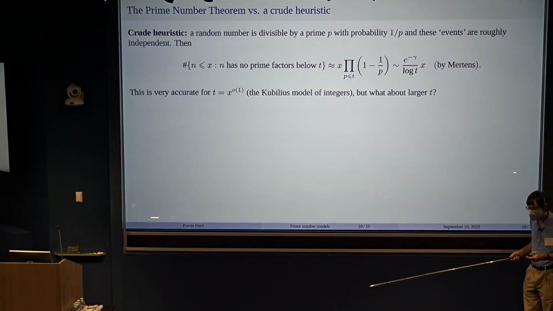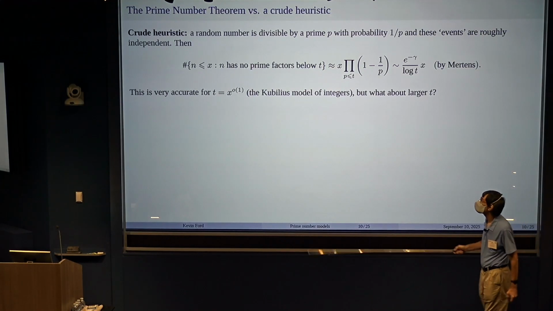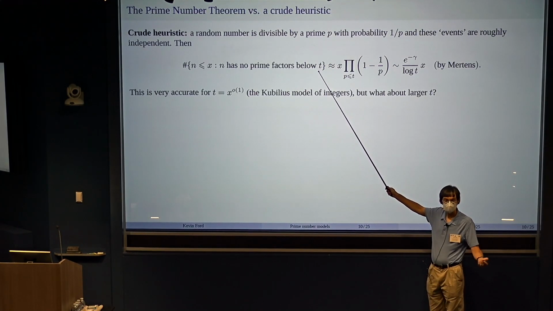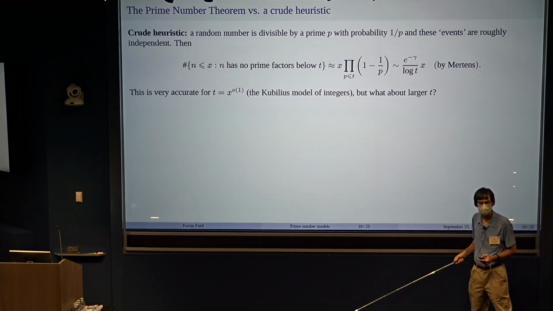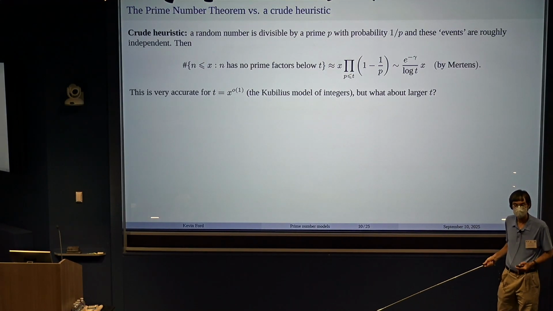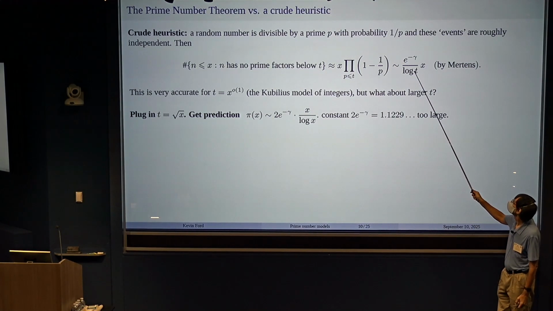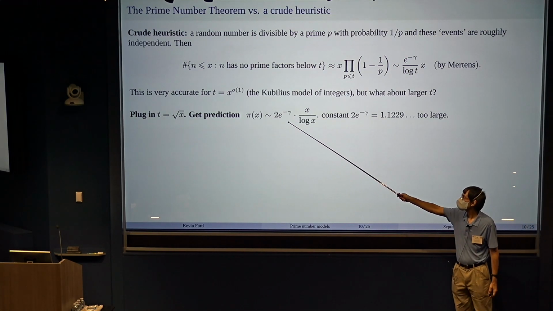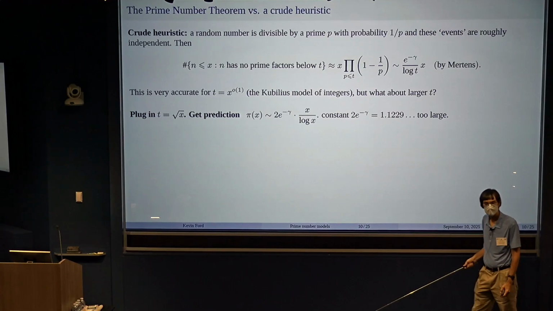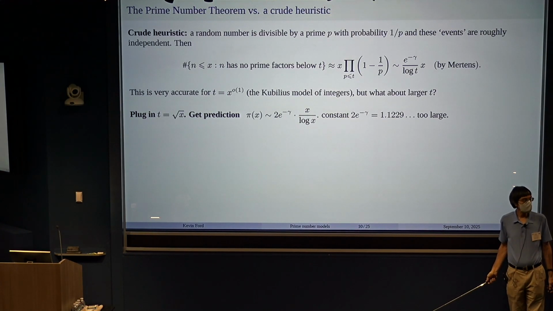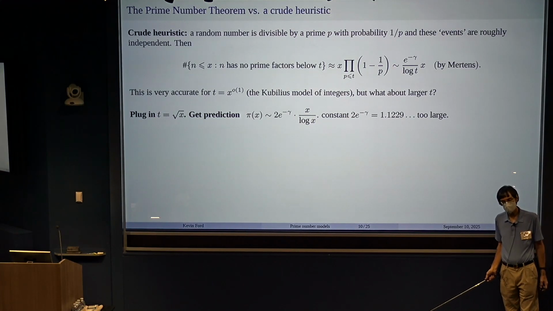But what happens with larger t? Well, if we want to count primes, what value of t should we take? Well, square root x. So we plug in square root x, and let's see what our naive heuristic prediction gives. You plug in t equals square root x, and we get a prediction now for the number of primes up to x, which is of the right order, but with the wrong constant.